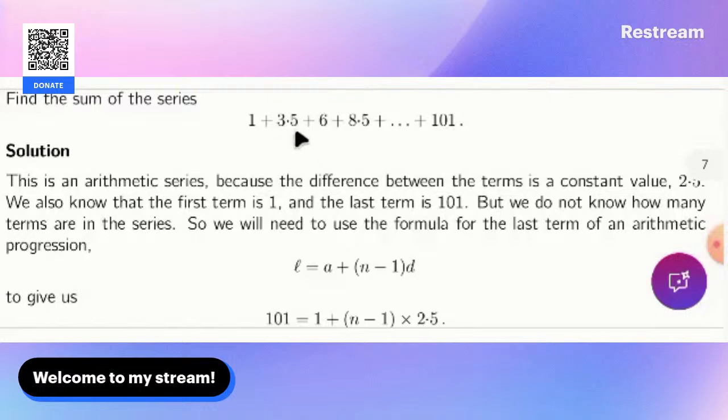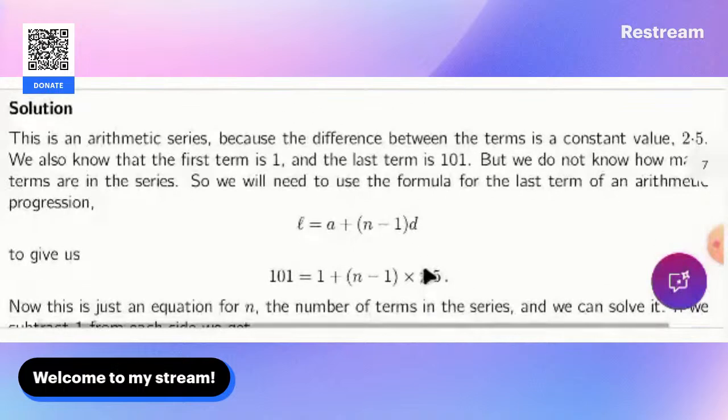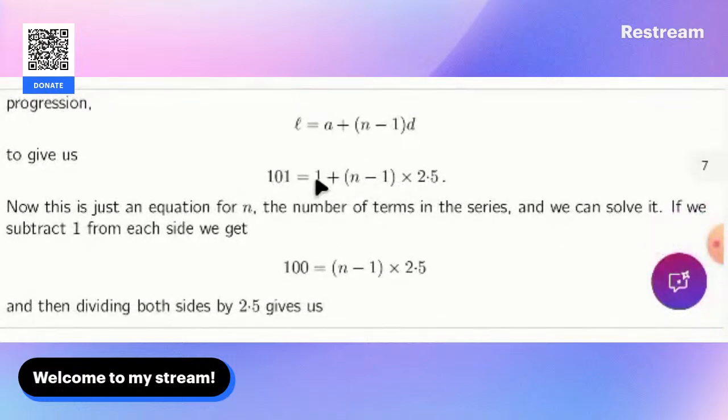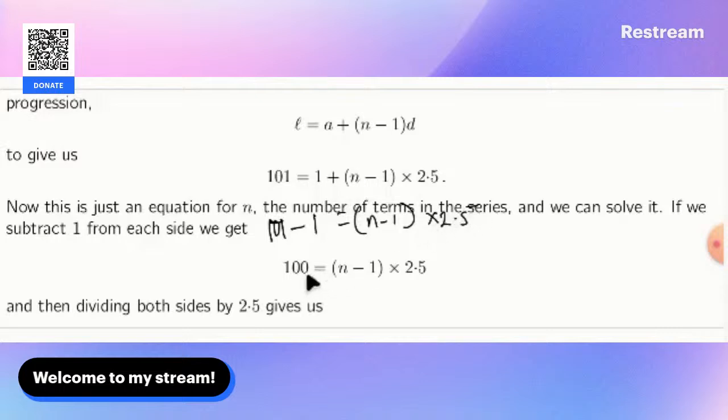We know the common difference, 6 minus 3.5, or 8.5 minus 6, we get 2.5, which is here, right? So you can evaluate this. You have 1 here, right? So if you take it to the other side, it is 101 minus 1. Then also you have 1 here. You take it to the other side, you now have 101 minus 1 is equal to (n minus 1), all multiplied by 2.5.